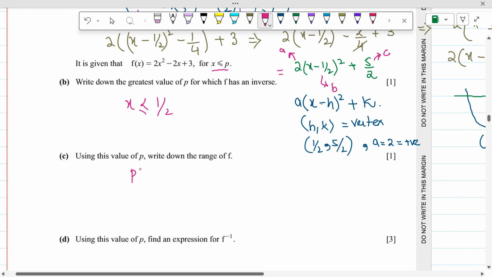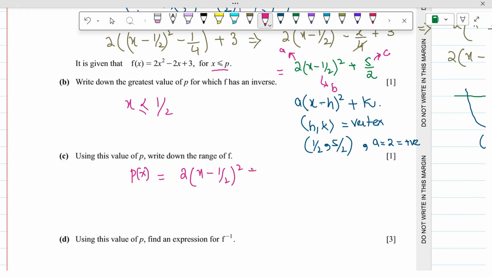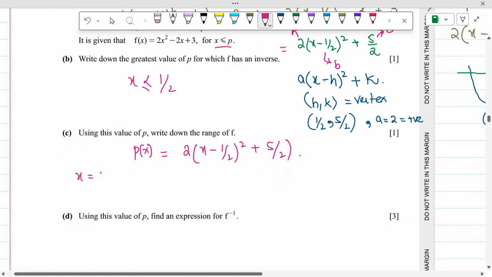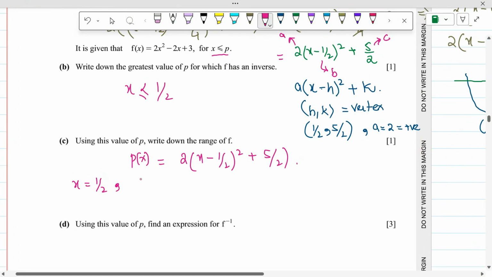So we have f of x, which is 2 times (x minus half) whole squared plus 5 by 2. When we plug in x equal to half, we will have f of half equal to 2 times (half minus half) squared plus 5 over 2.